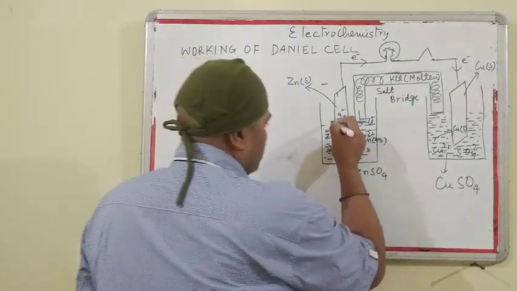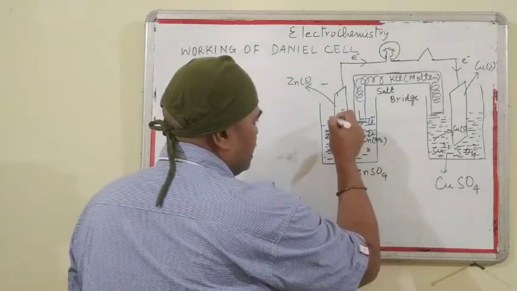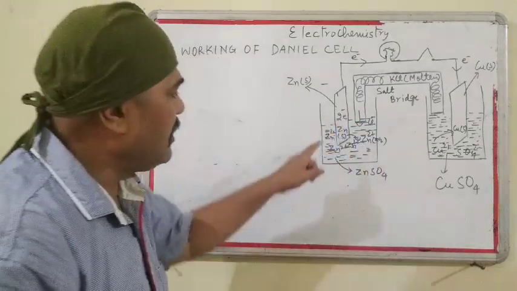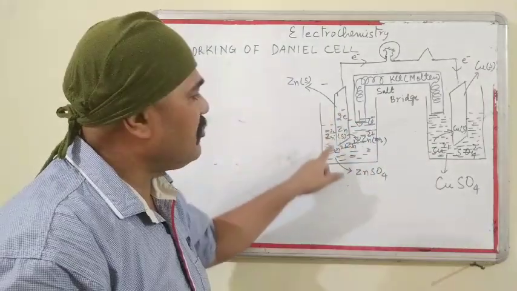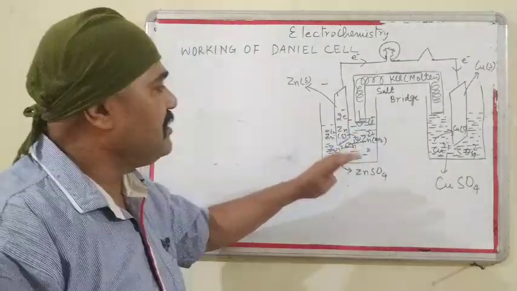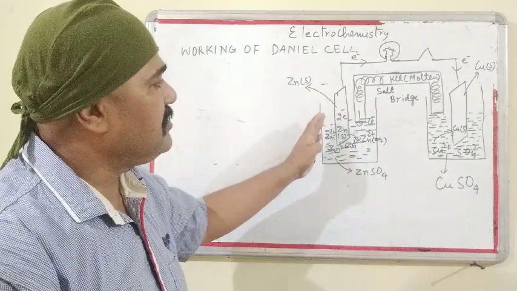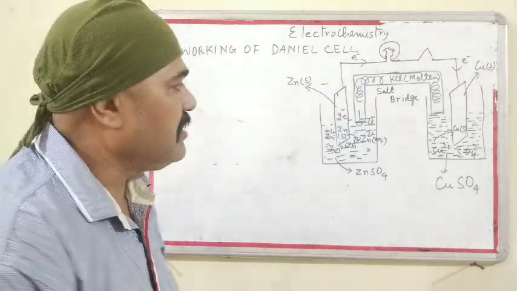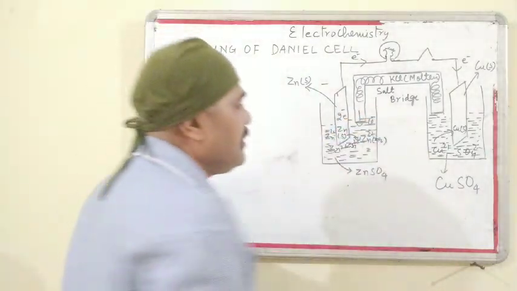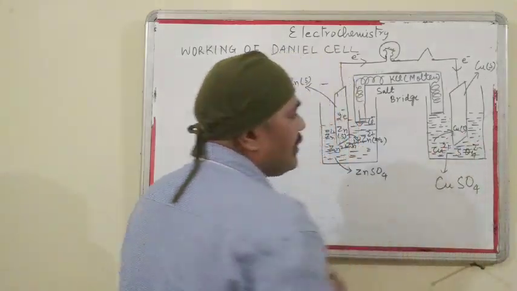So the surrounding of the metal strip by Zn2+ ions is now stopped and the reaction may run continuously. The same thing happens here. Here sulfate ions are free.